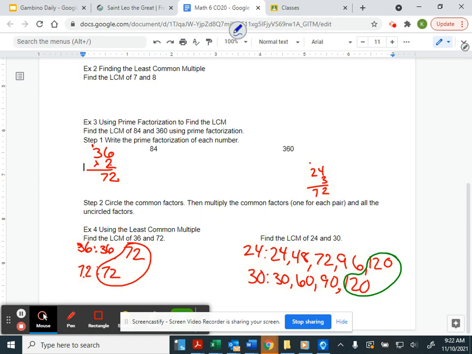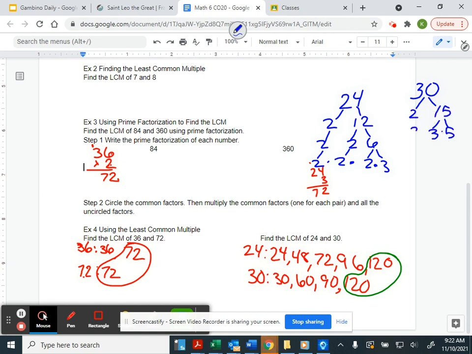If we were to use prime factorization with that, 24 would be 2 and 12. 12 is 2 and 6, 2 and 3. So we have 2 times 2 times 2 times 3. 30 is 2 and 15, 3 and 5. So they share the 2 and 3. 2 times 3 is 6.